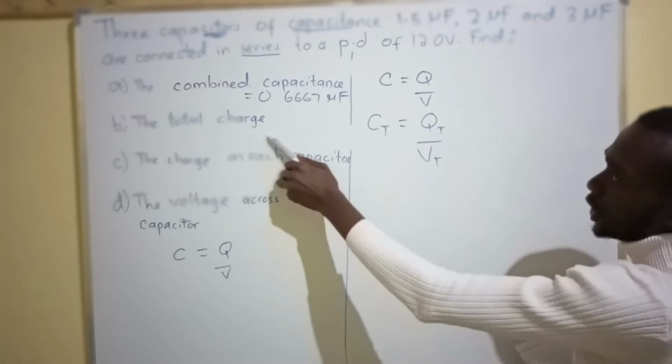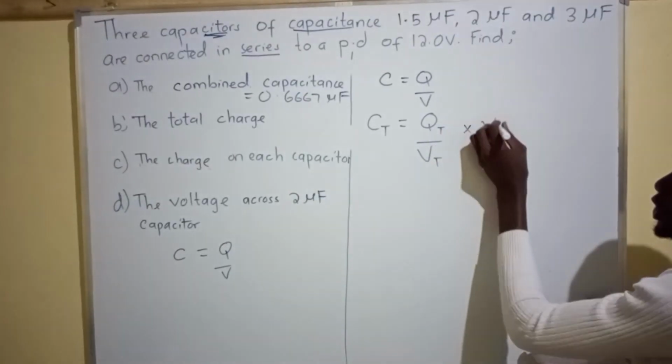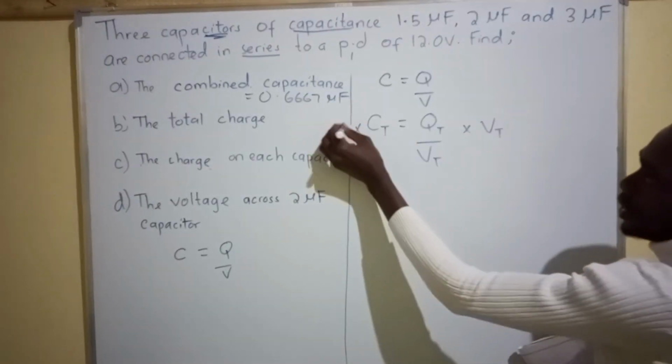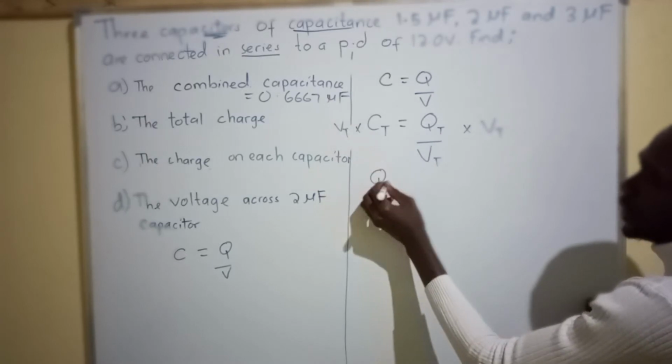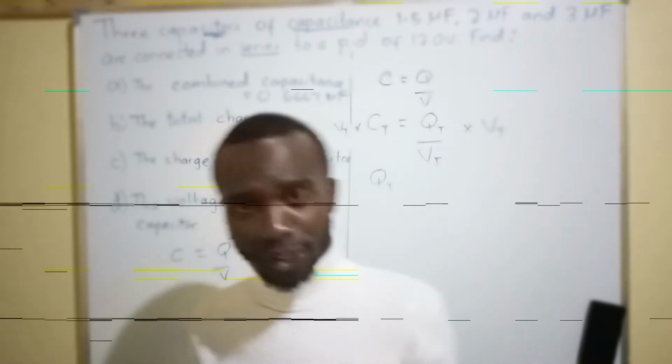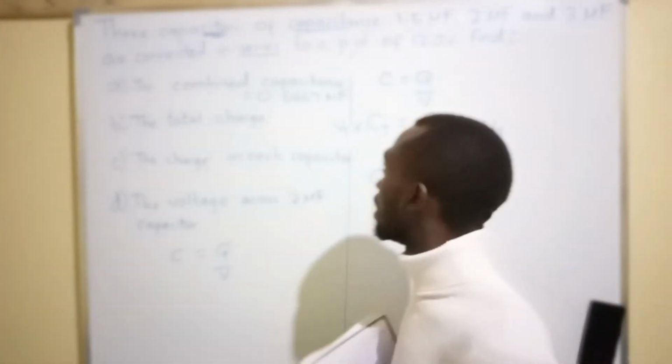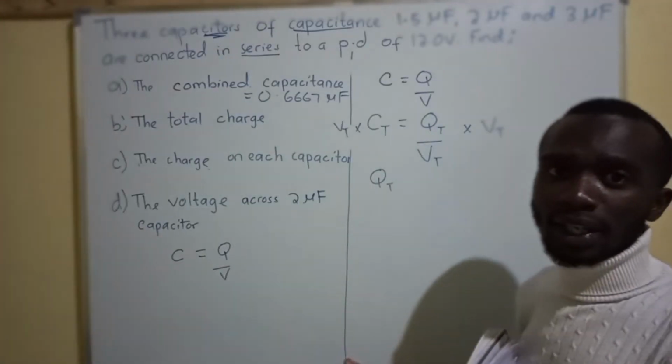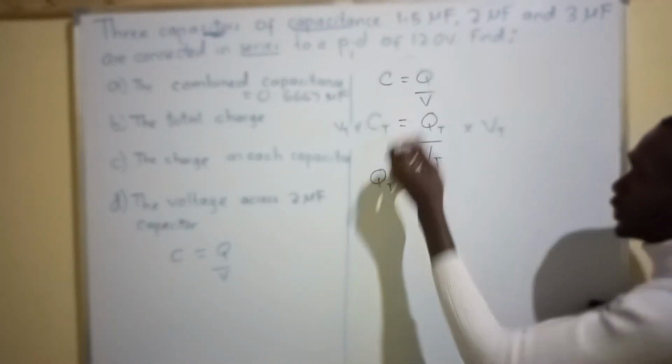To get the total charge, we multiply everything by Vt, the total voltage. So the total quantity of charge is the effective capacitance multiplied by the total voltage, the PD source.